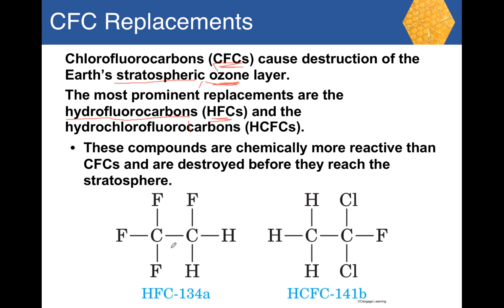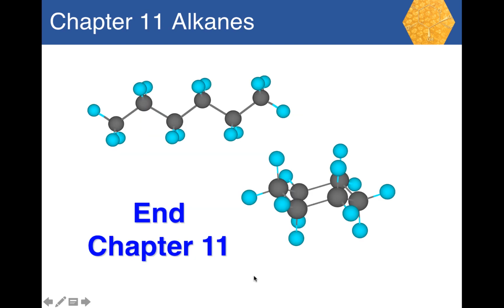So now we'll find HFCs instead of CFCs in our refrigeration units. So here's an example. You need not know the structure of these. These are just for your information. And I think this is the end of the chapter.